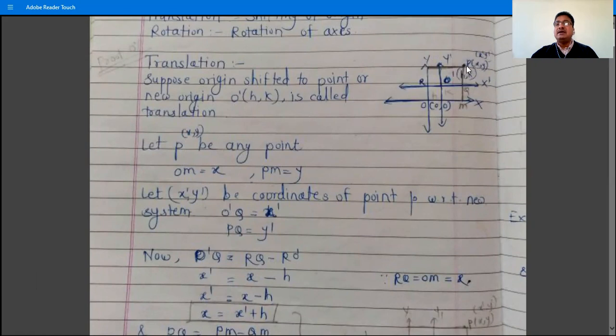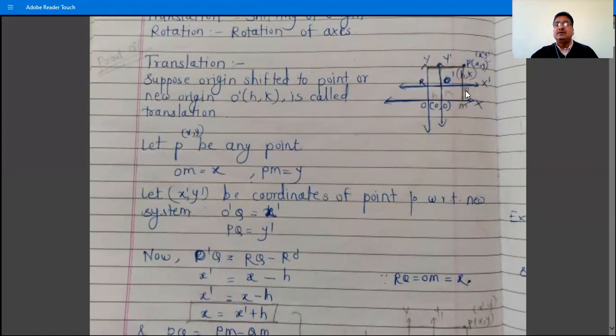This means x and y are the old coordinates of this point. What is x? If we draw a perpendicular on the x-axis and a perpendicular on the y-axis, then this distance PM is y, and suppose this point is N, then this distance is x.